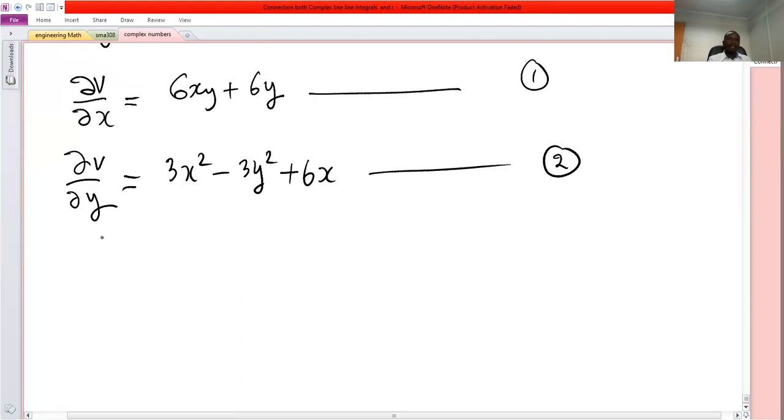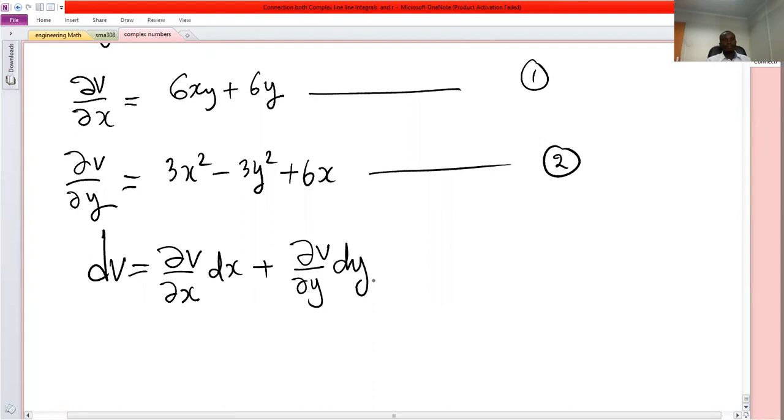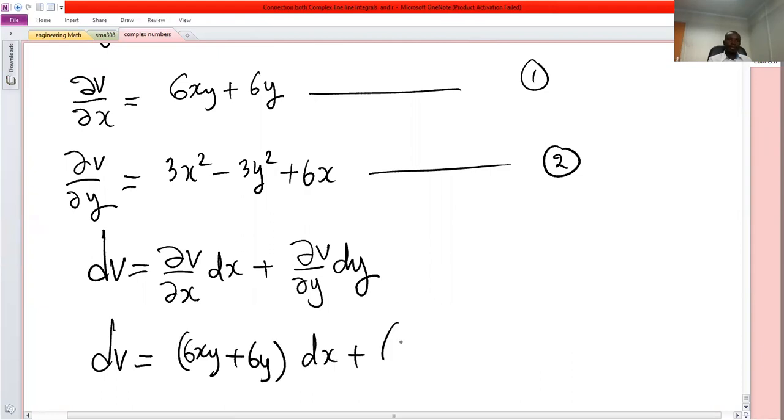From calculus, we know that dv is partial v partial x dx plus partial v partial y dy. So dv will be 6xy plus 6y dx plus 3x squared minus 3y squared plus 6x dy. Call this equation 3.